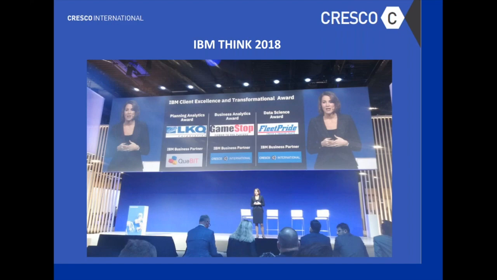And the next one is the Data Science Award for Fleet Pride, where, as we just discussed, the organization saw numerous benefits, including financial, and became a much more profitable organization. So we're in the business of making organizations aware of the technology out there, aware of the analytics maturity curve, and also walking them through the journey to ensure that they get the maximum value of what they buy, right?